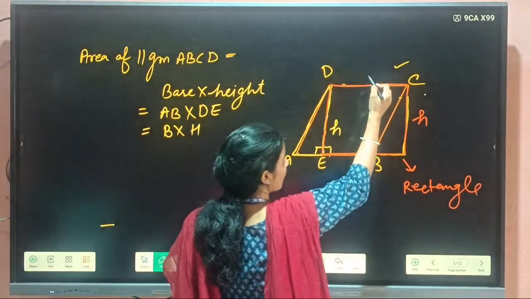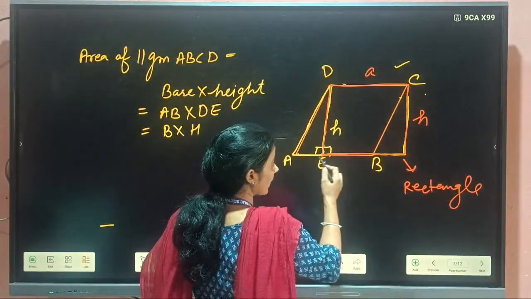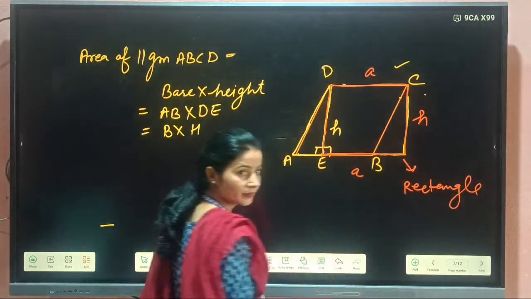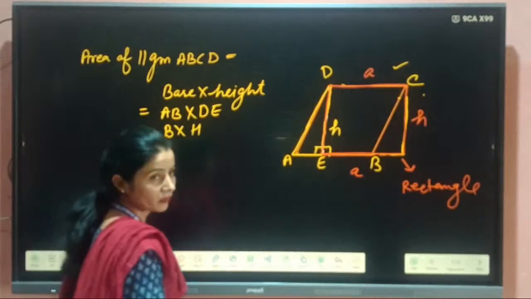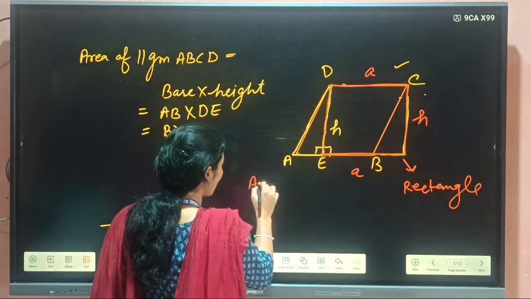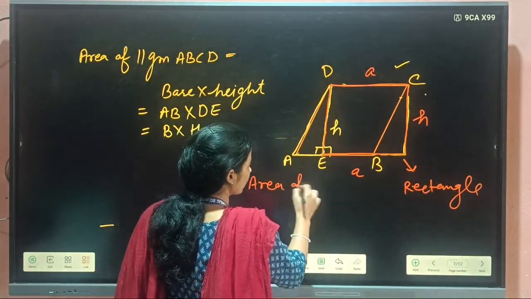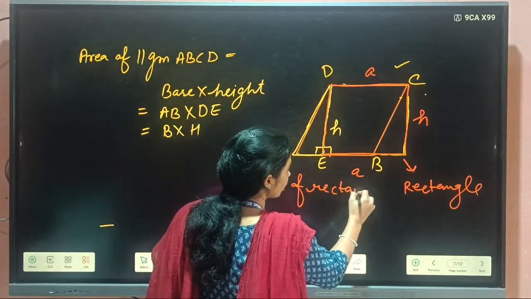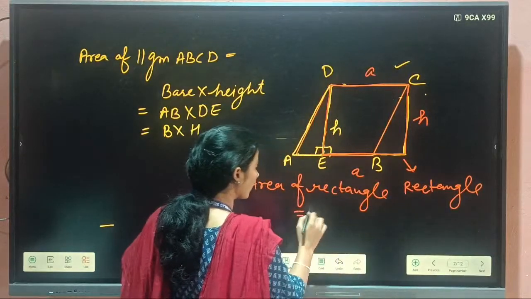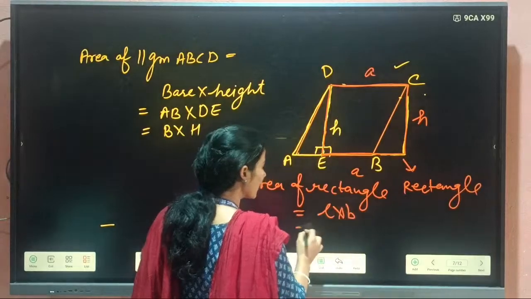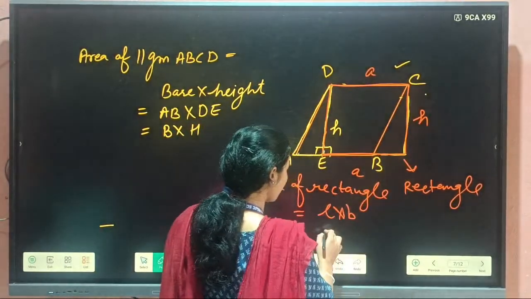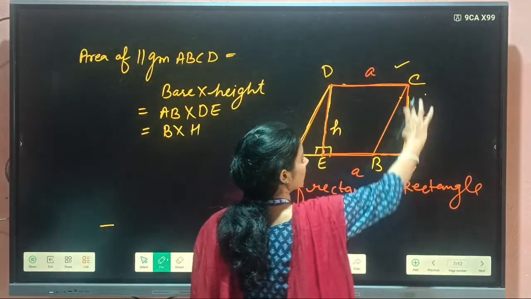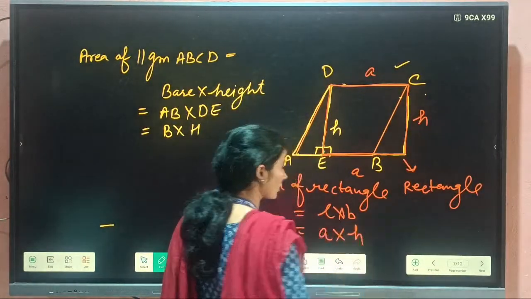Let us consider this side was a, and then this will be a only. What is the area of this rectangle? Area of a rectangle will be length into breadth. Length is a and breadth is h.